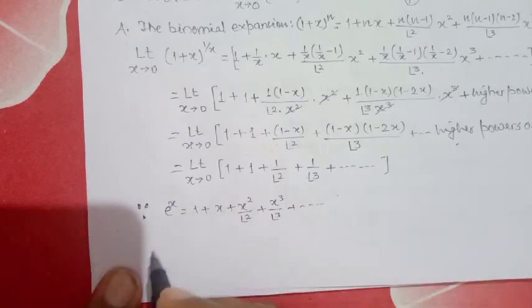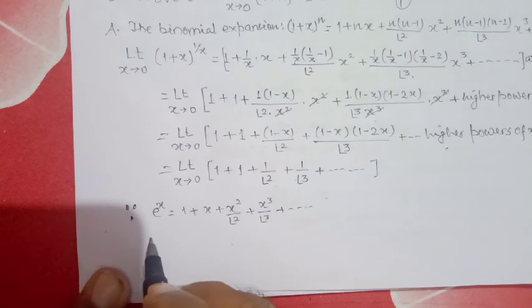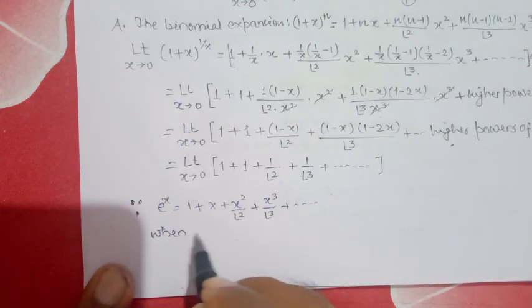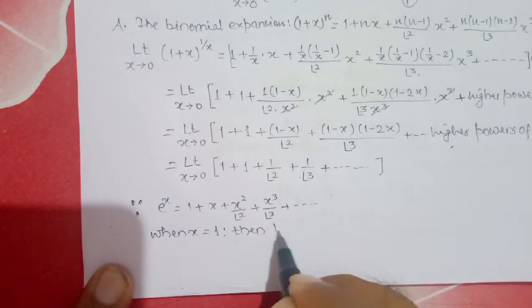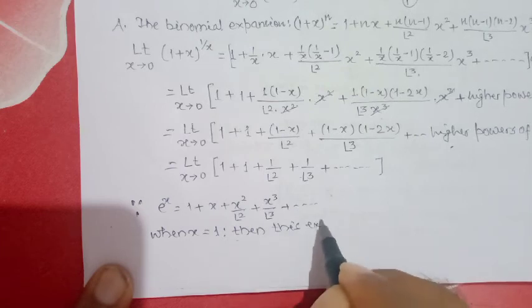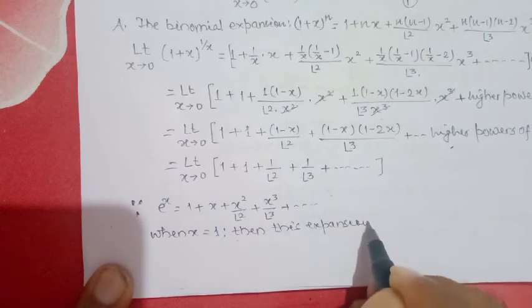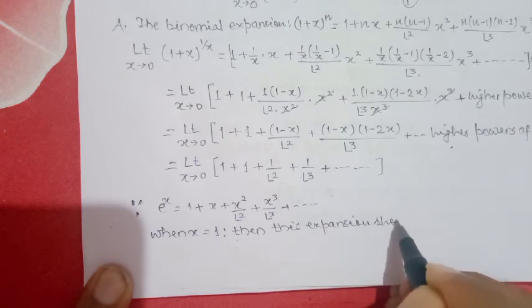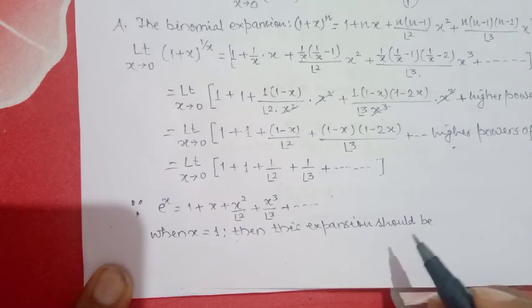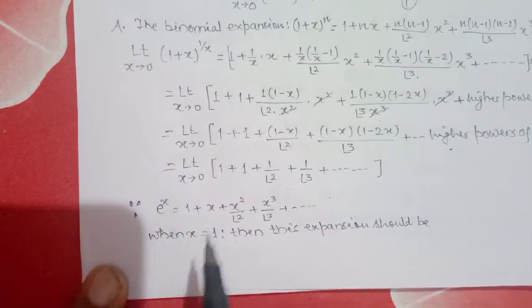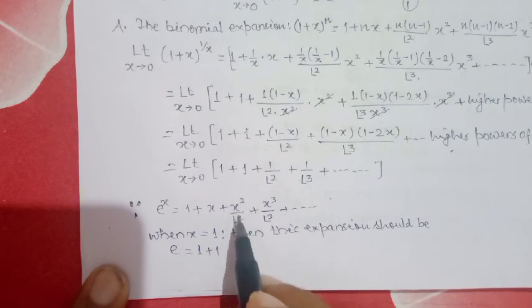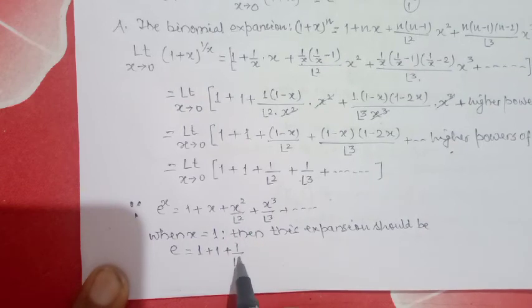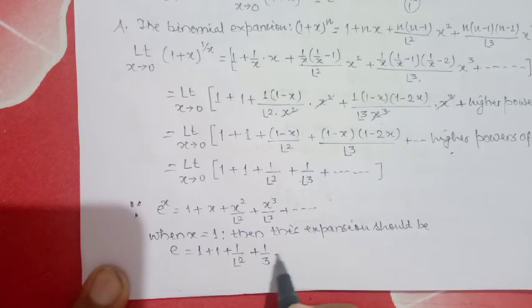So when x is equal to 1, this expansion should be e is equal to 1 plus 1 plus 1 square, that is 1 by factorial 2, plus 1 by factorial 3 and so on.